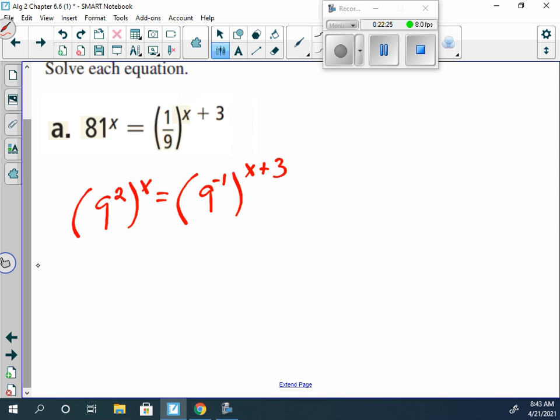So, powers of powers will multiply. So here we have 9 to the 2x is equal to 9 to the negative (x plus 3), because the negative would affect not only the x, but the 3 as well.